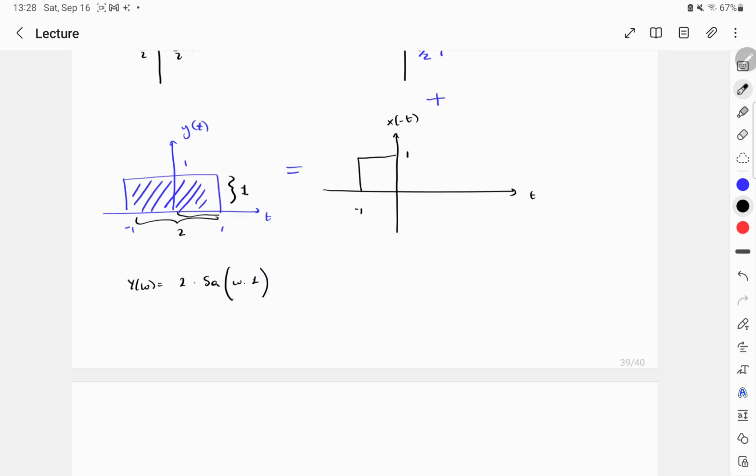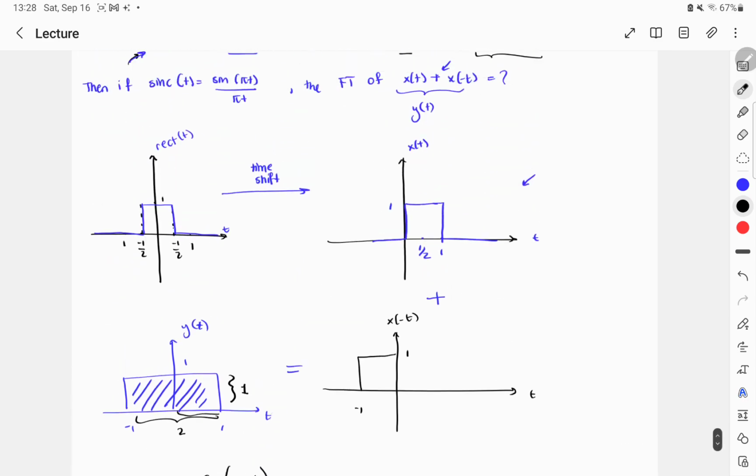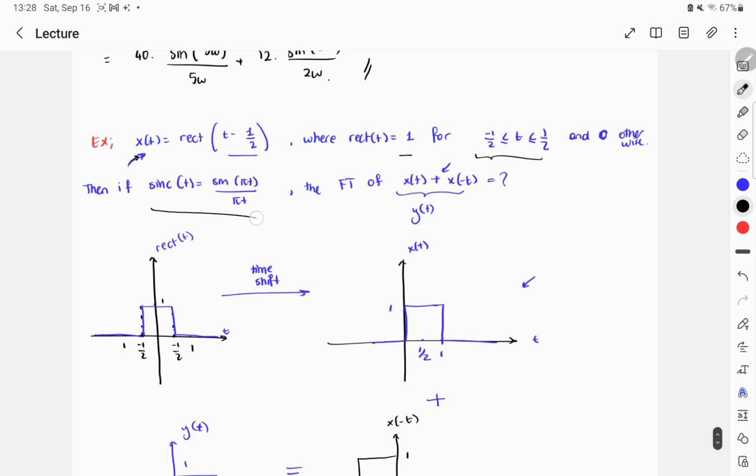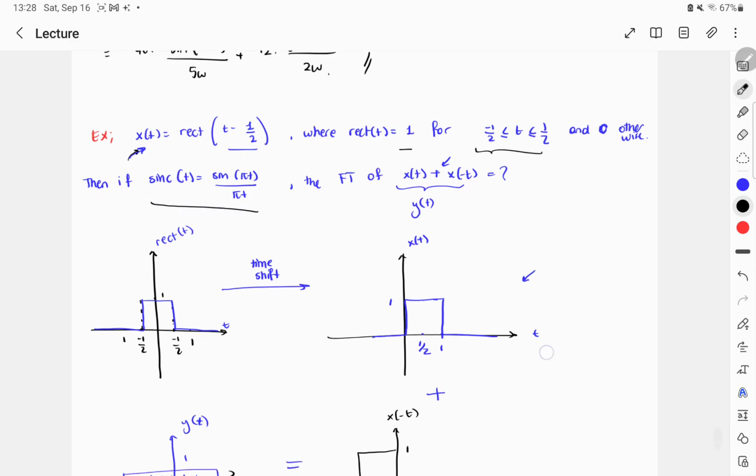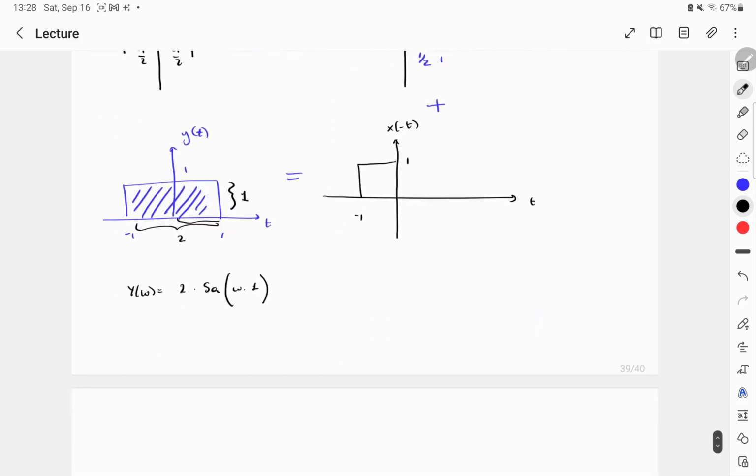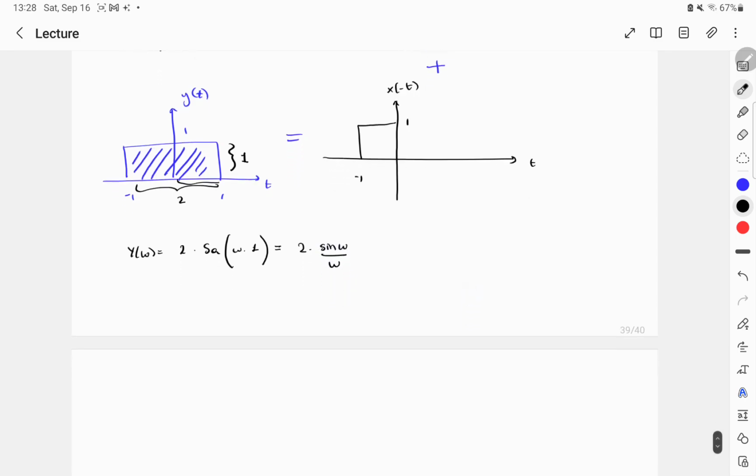And here is our answer. But in the question, as we can see, we are given another piece of information which we can make use of. This is basically equal to 2 times sine omega over omega, as we knew.